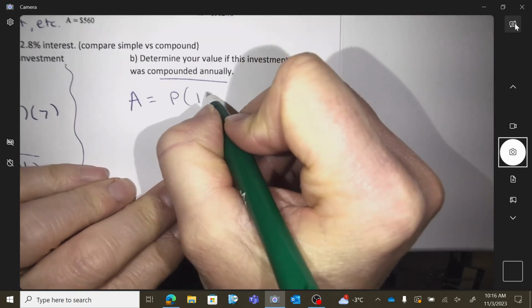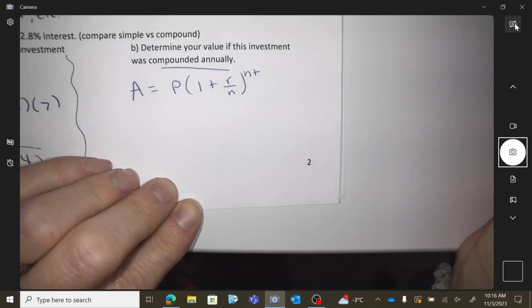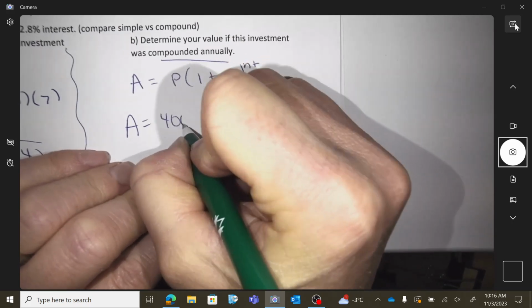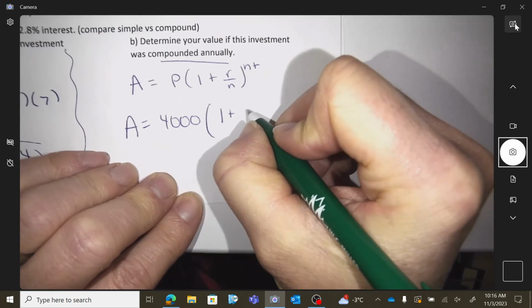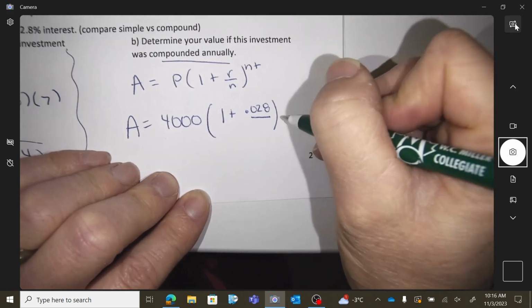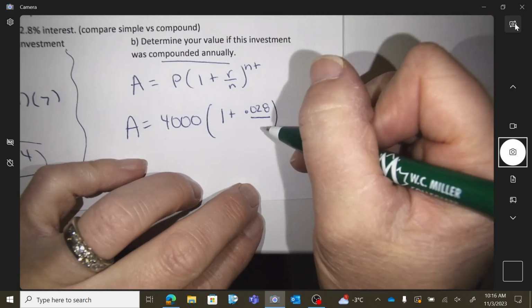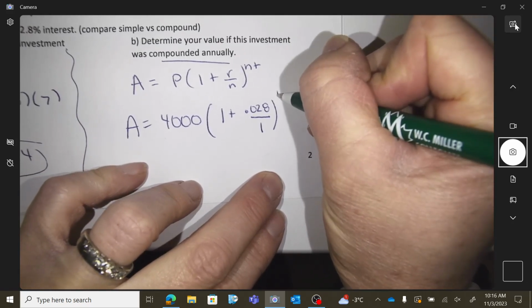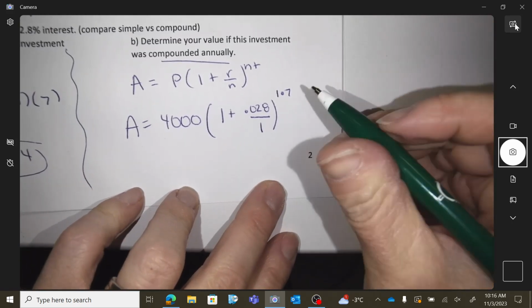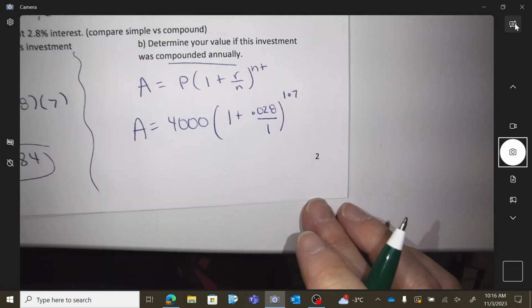So using this formula, final amount A equals 4,000 times 1 plus 0.028 divided by N. How many times a year do we activate it? 1. It said annually. Once a year for 7 years. That's what I'm doing. Okay, so type that in.